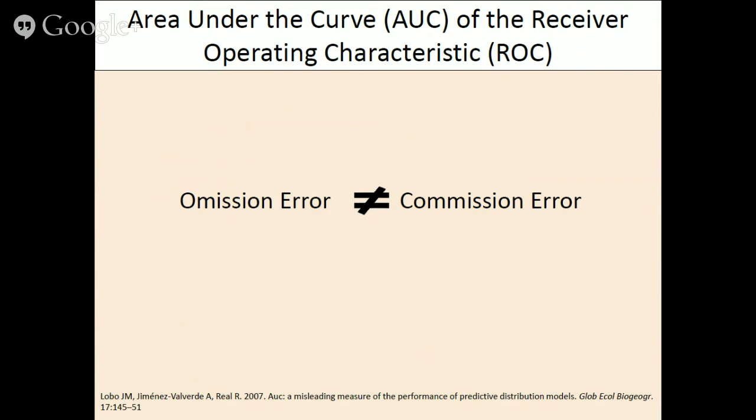But on the other hand, we have the omission error, that is the area that was predicted as absence of the species, but we know that the species could be there. And these tools are using this information as if they have the same meaning or the same weight.